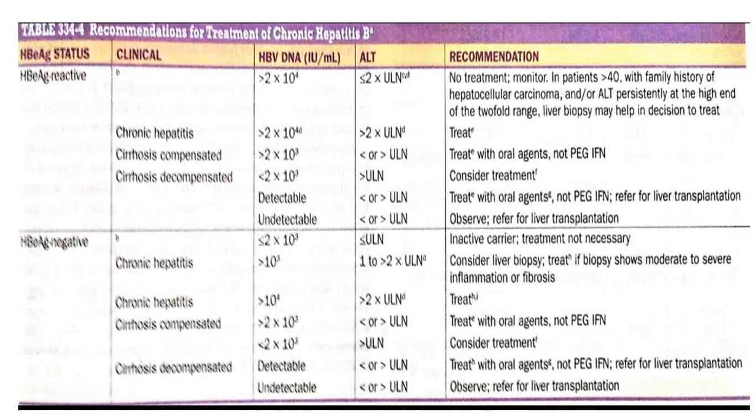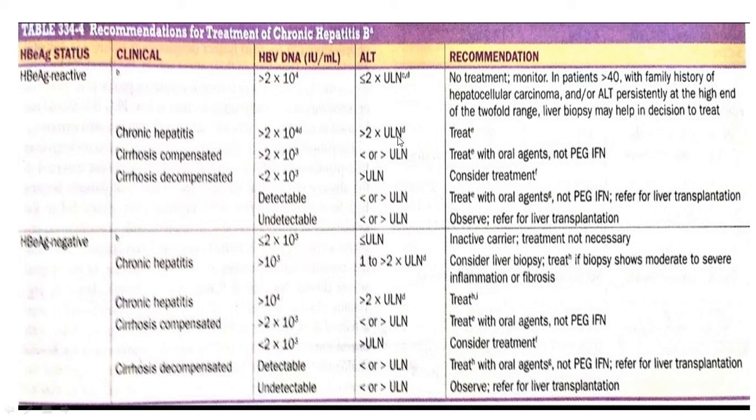So, what are the recommendations for treatment of chronic hepatitis B? That is HBeAg reactive and HBeAg negative. Reactive could be chronic hepatitis, compensated cirrhosis, and decompensated cirrhosis. If there are no symptoms, you can wait.